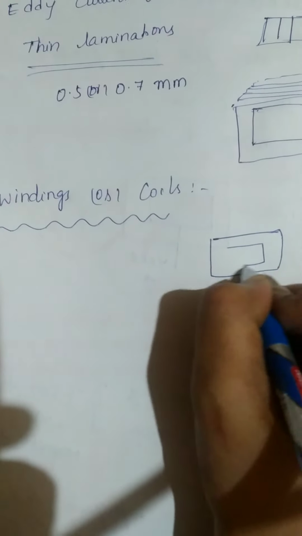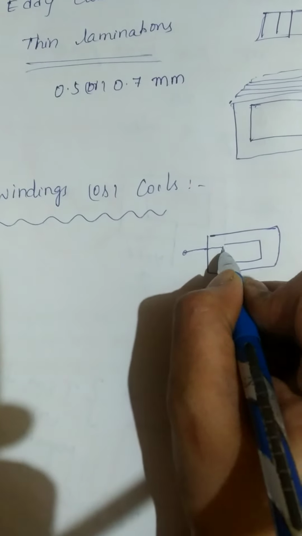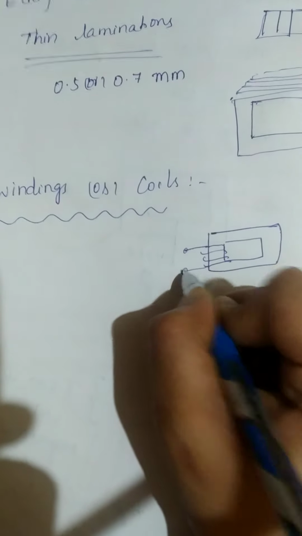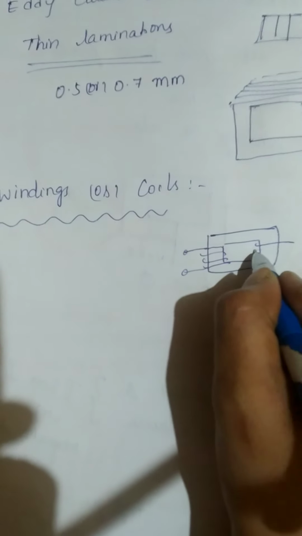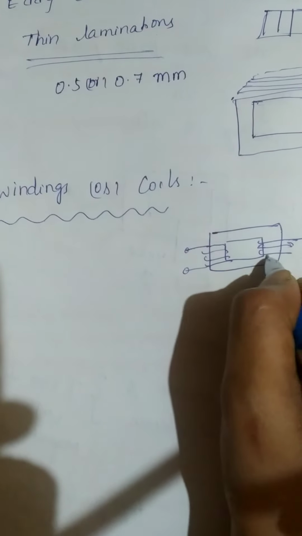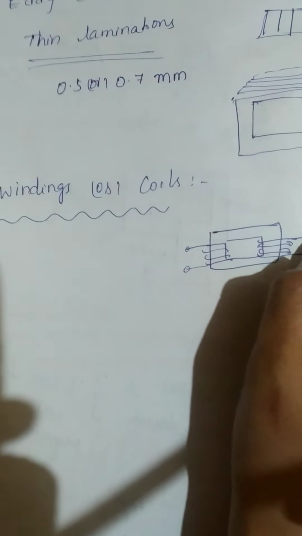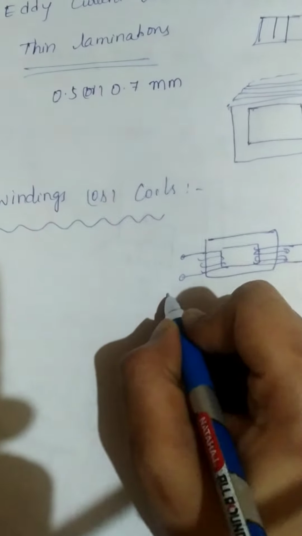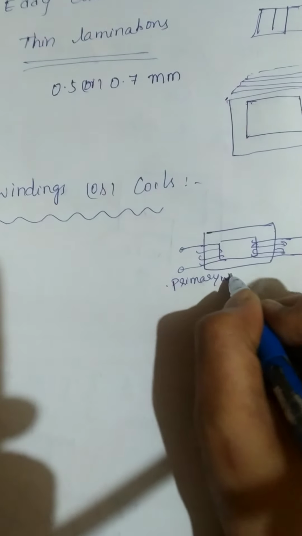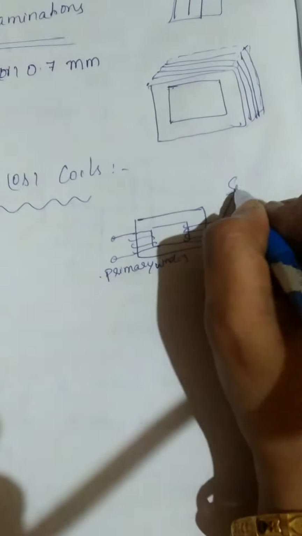This is a core. This is the primary winding. And this one is the secondary winding.